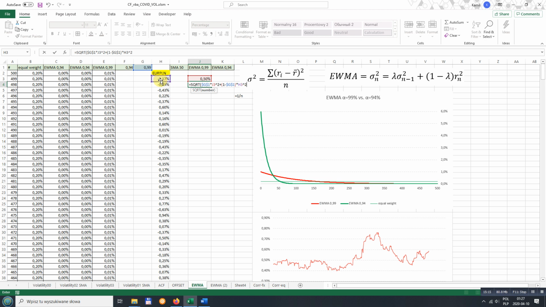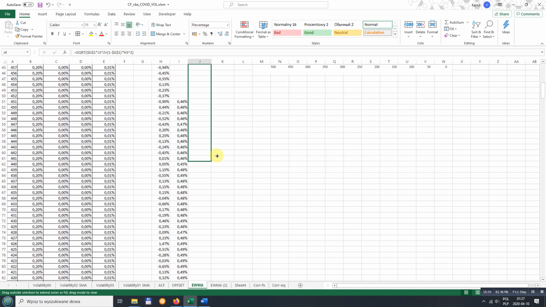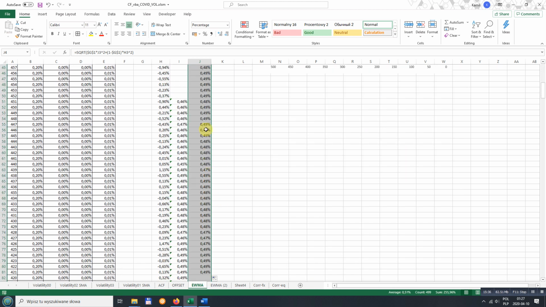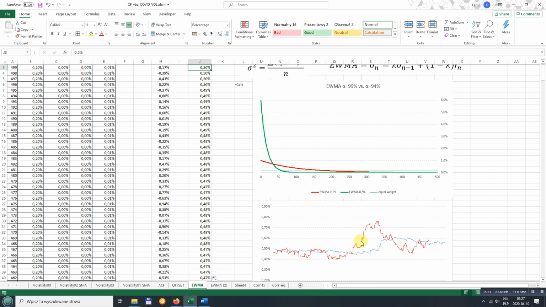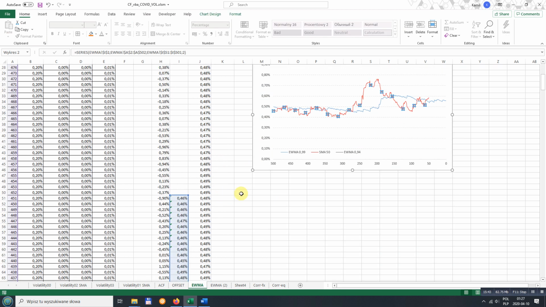So if I started with 0.50, I can now move down, double click, and this is how it looks. This red would be the simple moving average for 50 observations. This blue line would be the exponentially weighted moving average for 0.99 lambda. Let's also calculate for 0.94.